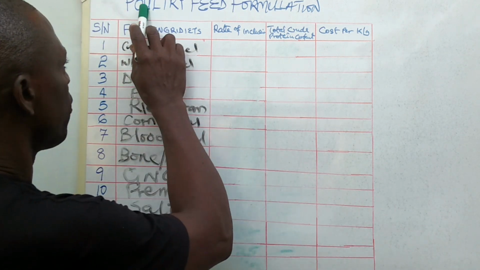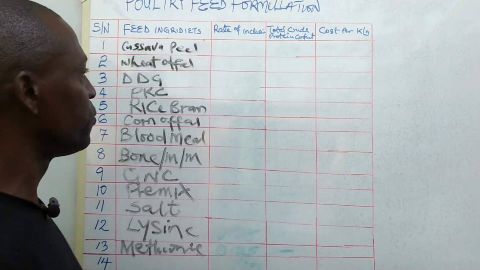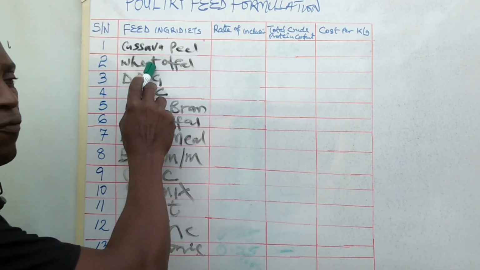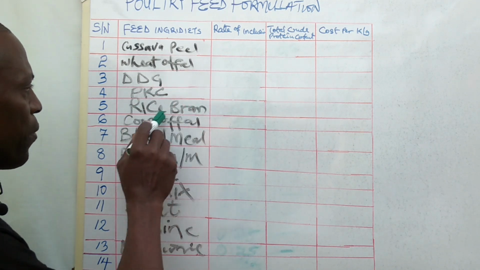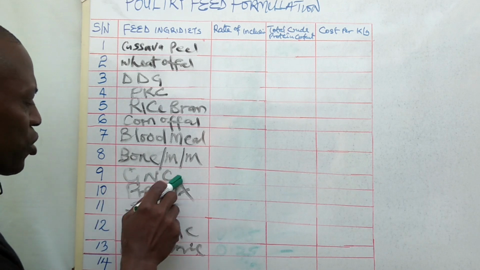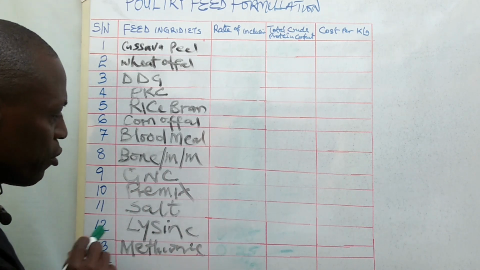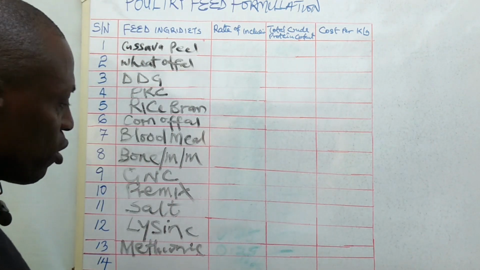Here we have poultry feed formulation using cassava peel and other ingredients. We have cassava peel, wheat offal, brewers' dry grain, palm kernel cake, rice bran, corn offal, blood meal, bone and meat meal, groundnut cake meal, premix, salt, lysine, and methionine. These are the ingredients we're going to make use of. There are about 13 of them here.